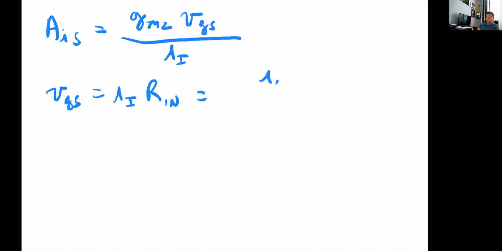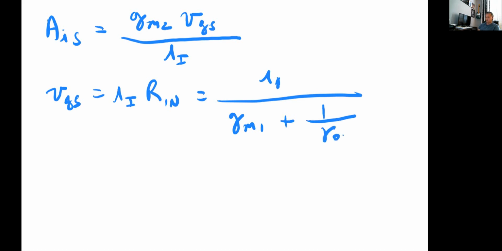So here we have the input current, nothing's changed, times the input resistance, which is 1 over gm1 in parallel with ro1.